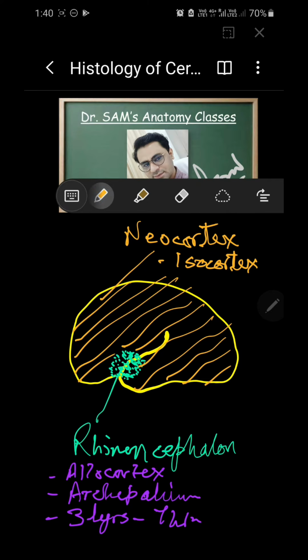This is comparatively thicker cortex, and it has 6 layers. When we talk about the cerebral cortex, it's presumed that we are talking about the neocortex. And this neocortex, remember, has 6 layers.